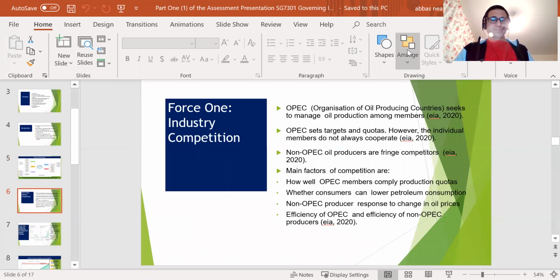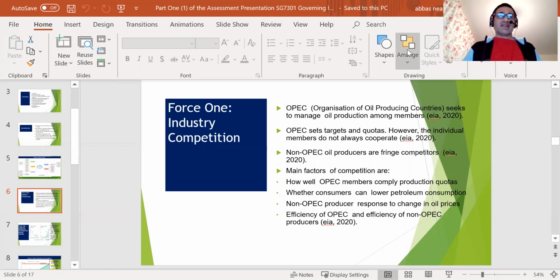Slide 6. Force 1, industry competition. One group of oil producers, OPEC, can exert considerable market power, making it difficult for competitors.